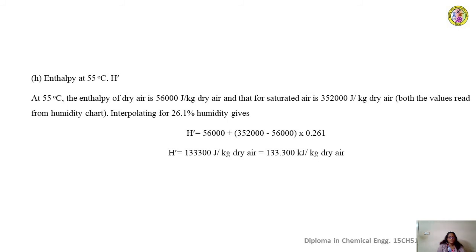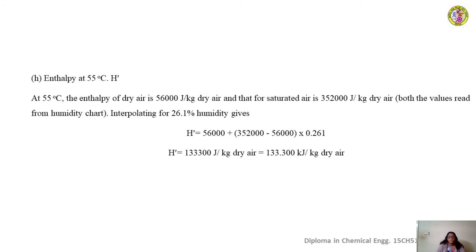So H dash is equal to 56,000 plus (352,000 minus 56,000) in bracket into 0.261. So that is the y dash value for the given sample.